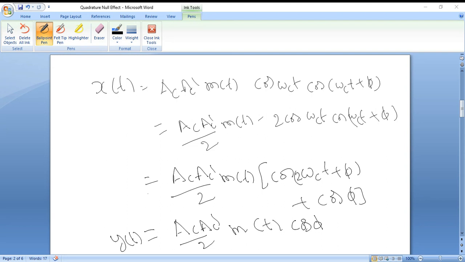So, by using any one of these techniques, we can retrieve the carrier signal at the receiver side. That is why these techniques of pilot carrier method, Costas loop, and squaring loop are called carrier recovery circuits, which are meant for eliminating the problem of quadrature null effect.